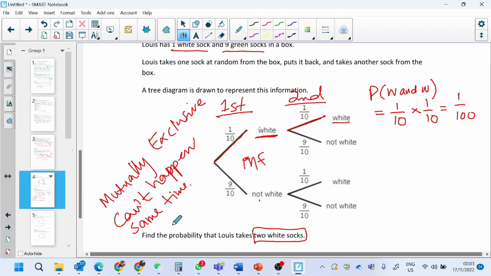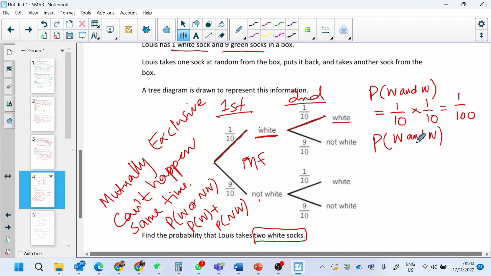So you can call it probability of white or not white. In this case, you have to add them: probability of white plus probability of not white. So when the events are mutually exclusive, you add them together. And when the events are independent, there will be probability of white and white.